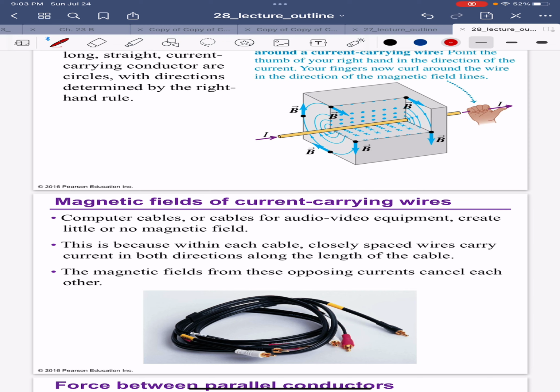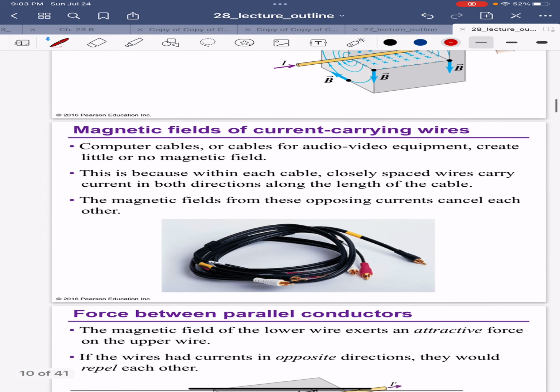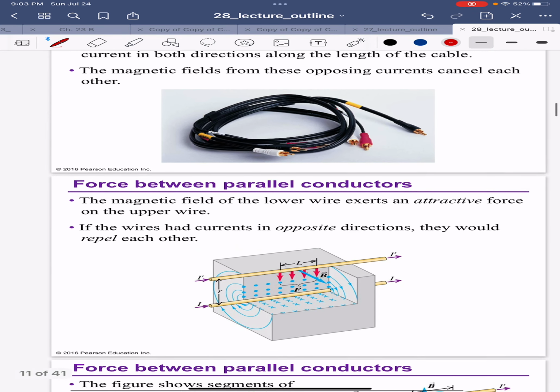This is because within the cable itself, we have closely spaced wires carrying currents in both directions to cancel the magnetic fields. They create opposing magnetic fields, and they cancel each other.